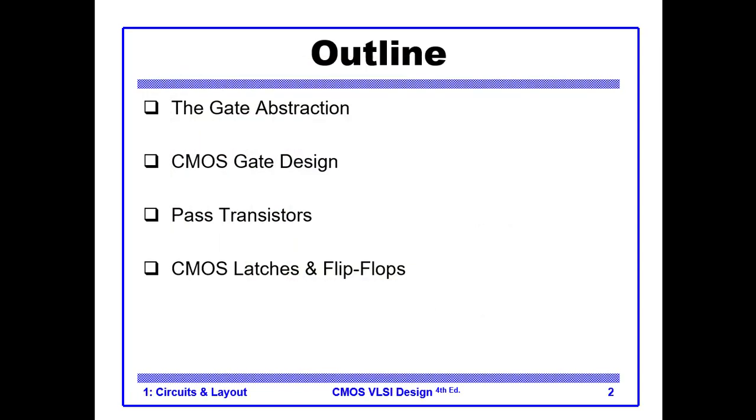So this is the outline of the presentation. The first one is the gate abstraction. I hope that you know the meaning of this word, abstraction. Abstraction means to hide the details.